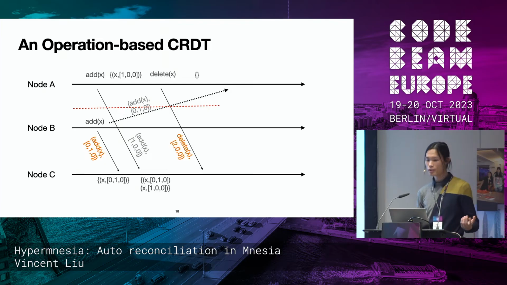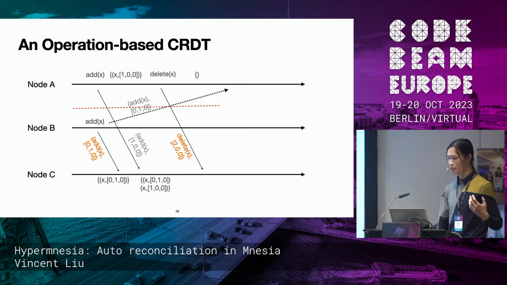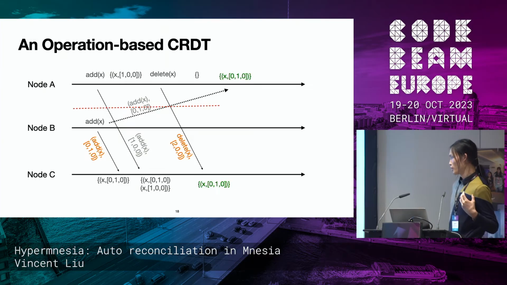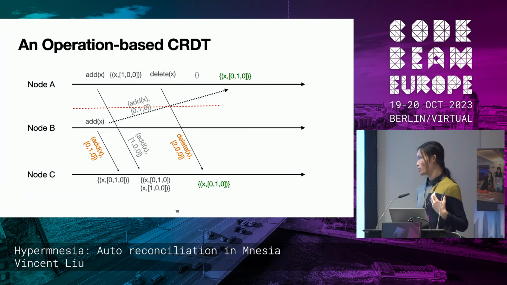And then deletion happens. Deletion also has metadata attached to it. The important thing here is the deletion from node A is only able to delete one of the messages, and it is exactly the add of x that's been sent by A previously.